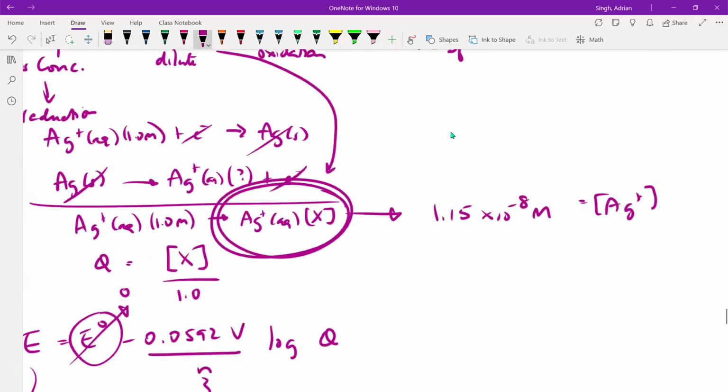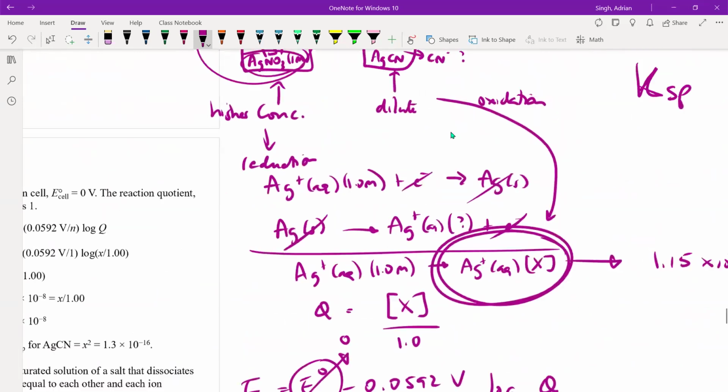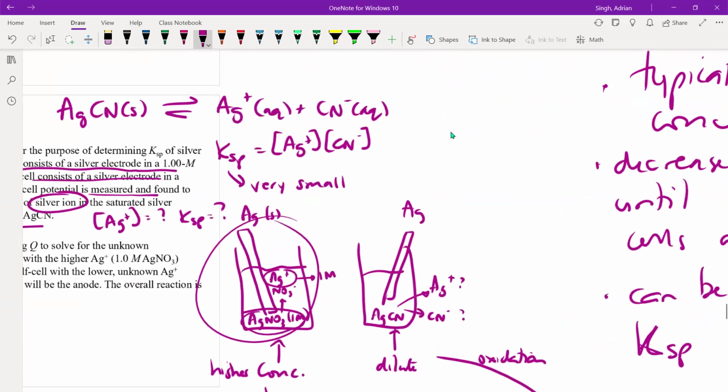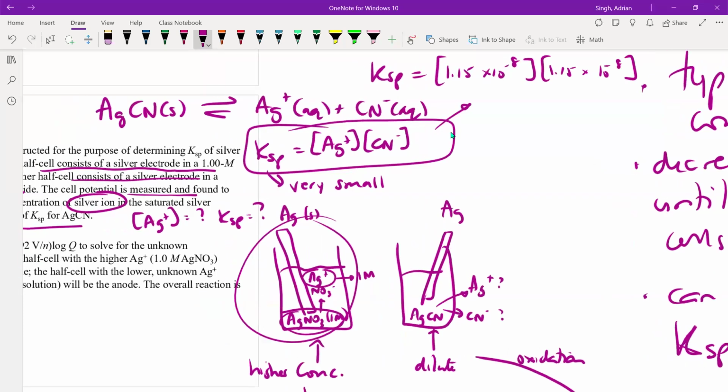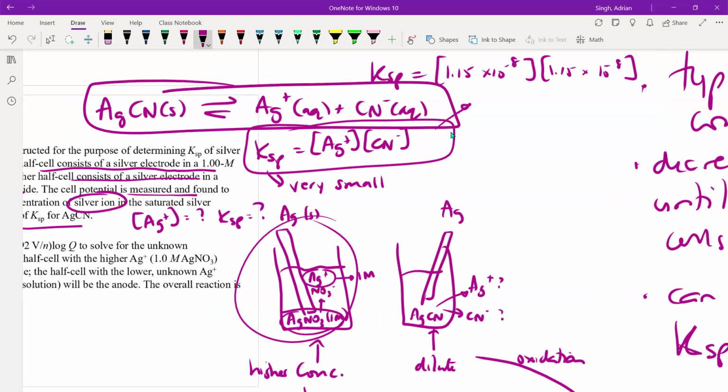And then our KSP, when we write our KSP expression that we did up here, it's just simply now the Ag plus, which is 1.15 times 10 to the minus 8, times 1.15 times 10 to the minus 8, because this is happening in a 1-to-1 mole ratio. So if we know this concentration, we also know the cyanide concentration.